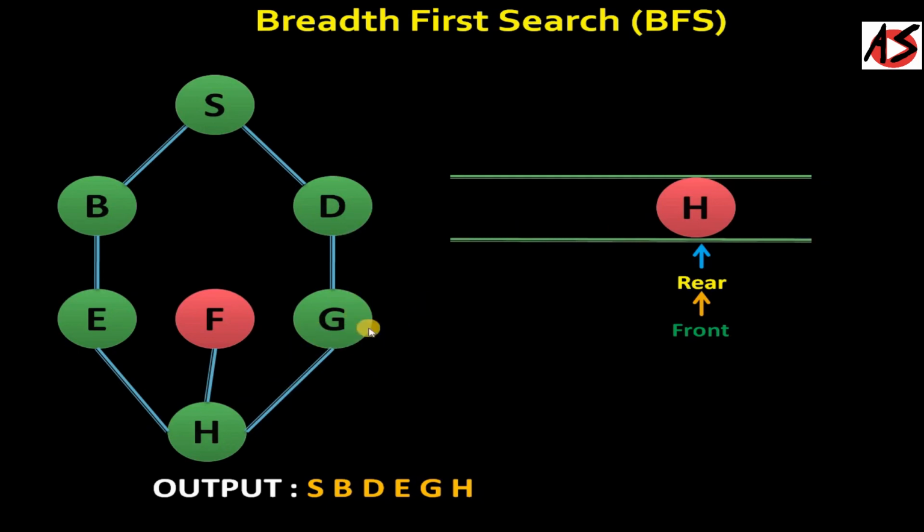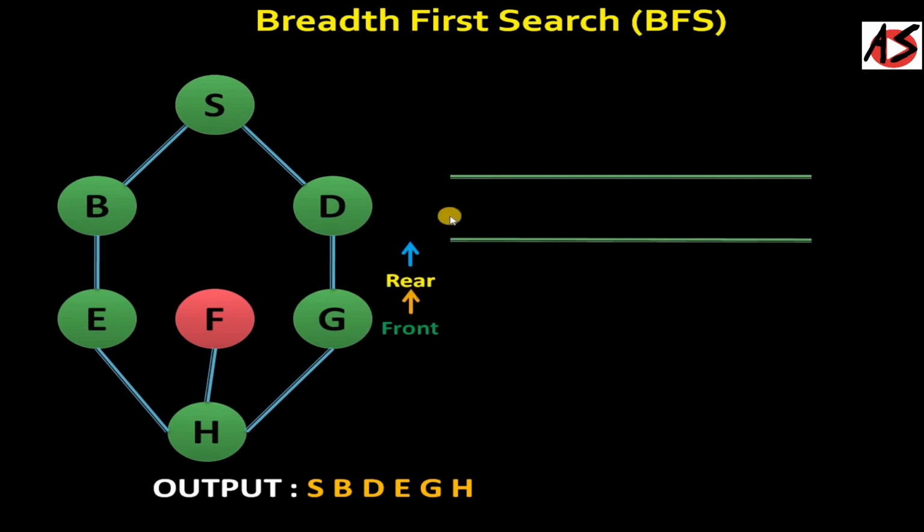Now you delete the remaining node, that is H, and once you delete it you set the rear and front to -1. Since you have deleted H, its adjacent nodes are E, F and G. E and G are already visited, so we take F into the queue now.